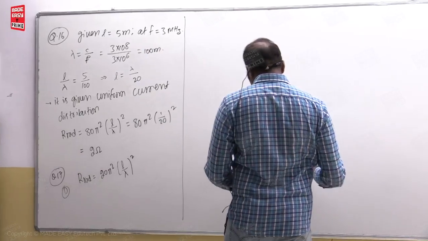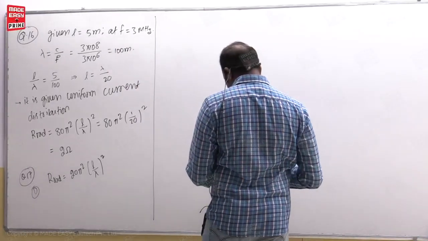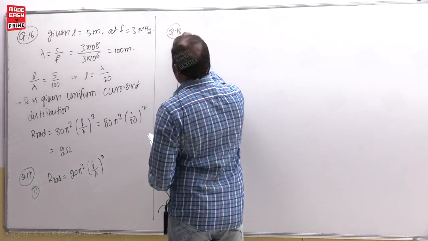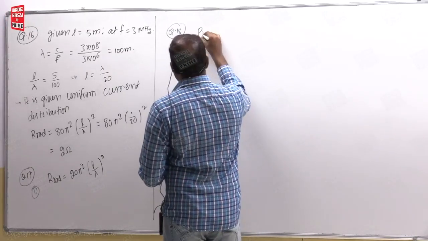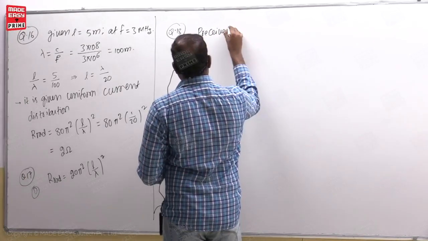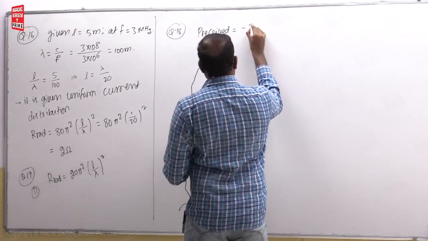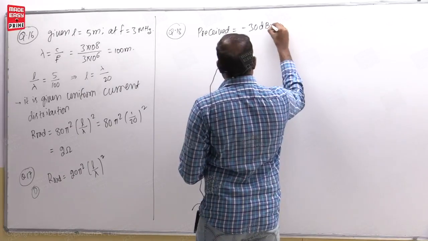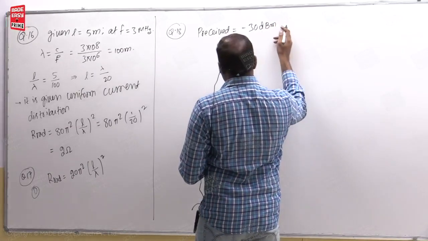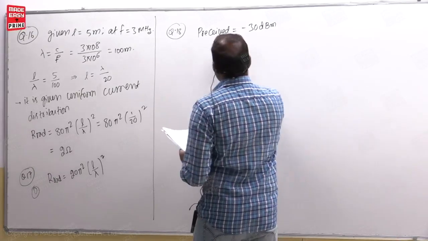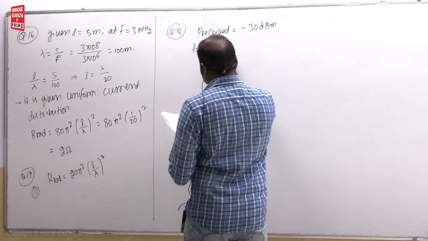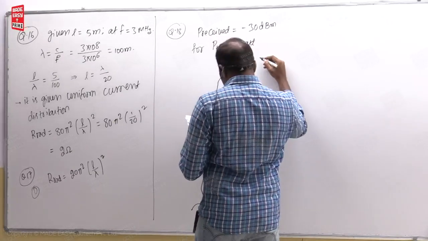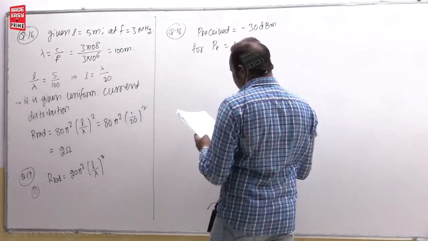Now question number 18. In this question it is given that power received is minus 30 dBm, where dBm means decibels compared with milliwatt, for PT equal to 1 watt power transmitted.